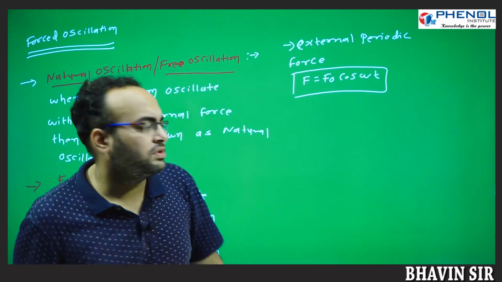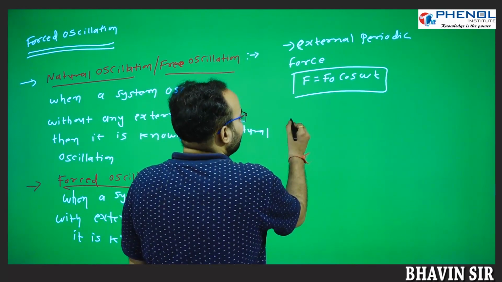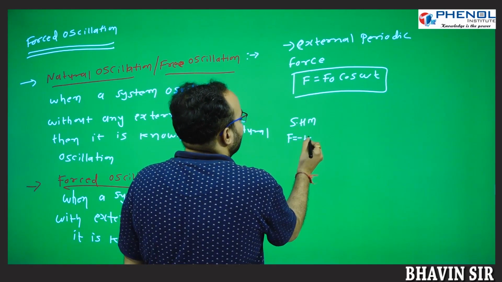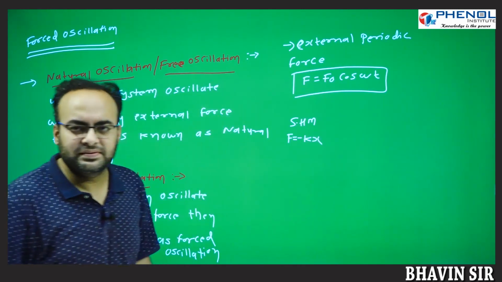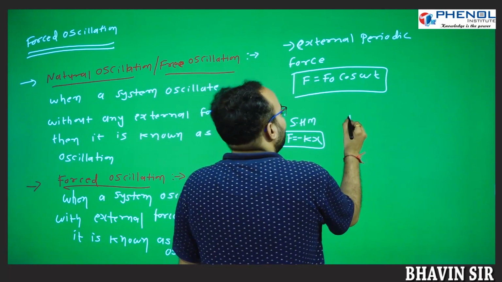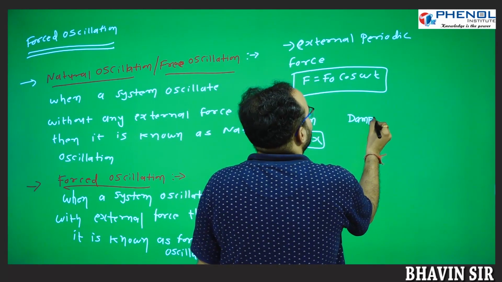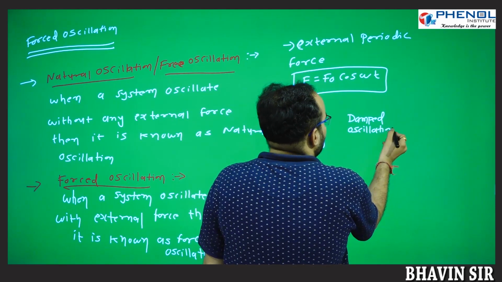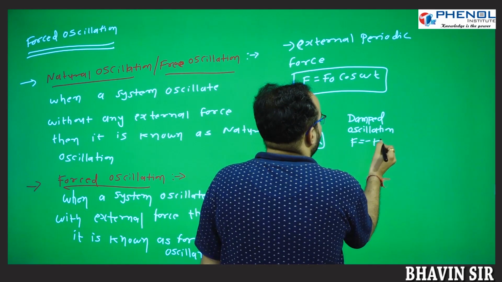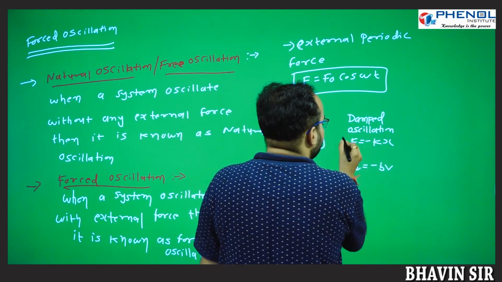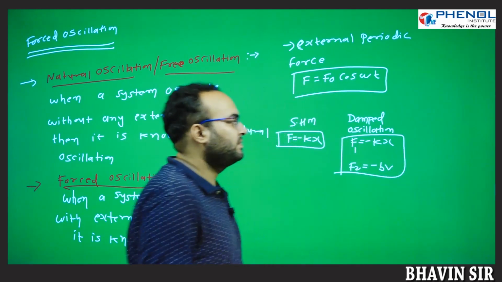Now see, students, in the case of SHM, only one force is there, minus kx, the restoring force. In the case of damped oscillation, two forces: minus kx restoring force and minus bv damped force.